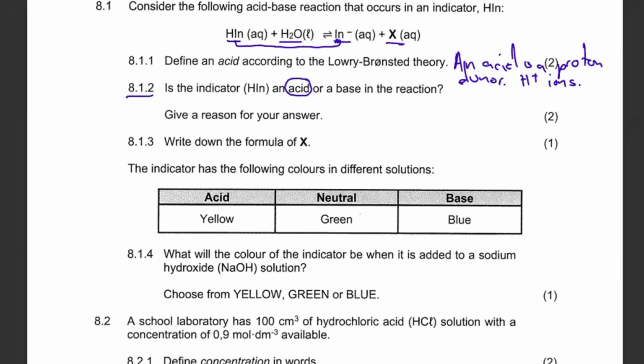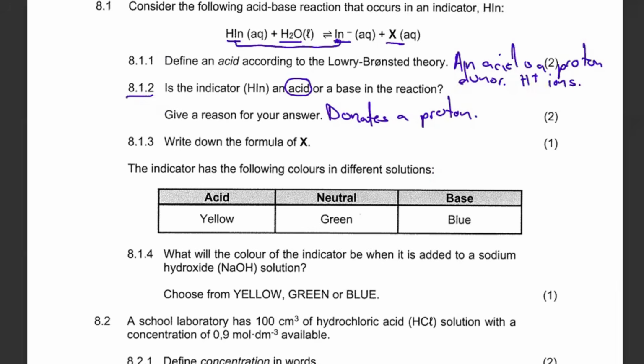Why do we say it's an acid? It's because it donates a proton, or an H plus ion, if you want to put it like that.